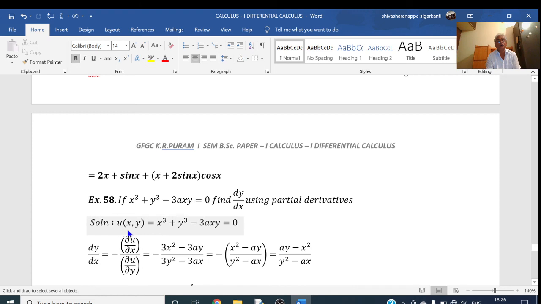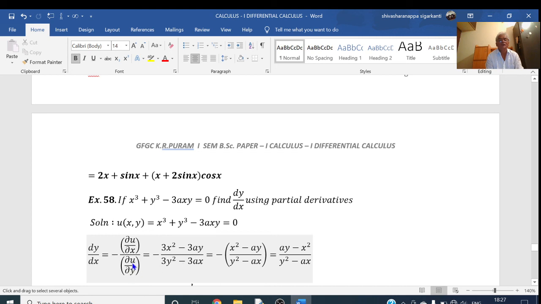We just have to find these two terms. So this is my u. Differentiating this with respect to x, I will get 3x square, derivative of this is 0. 3x square minus 3ay. This is the numerator.